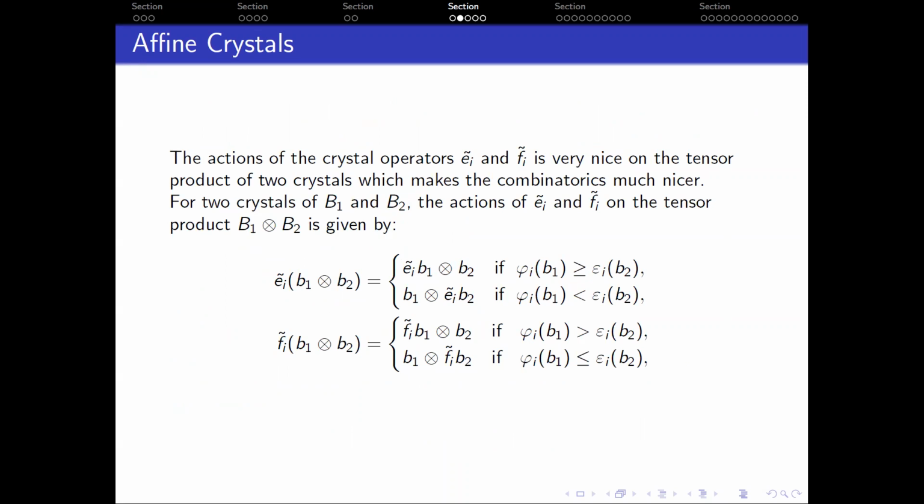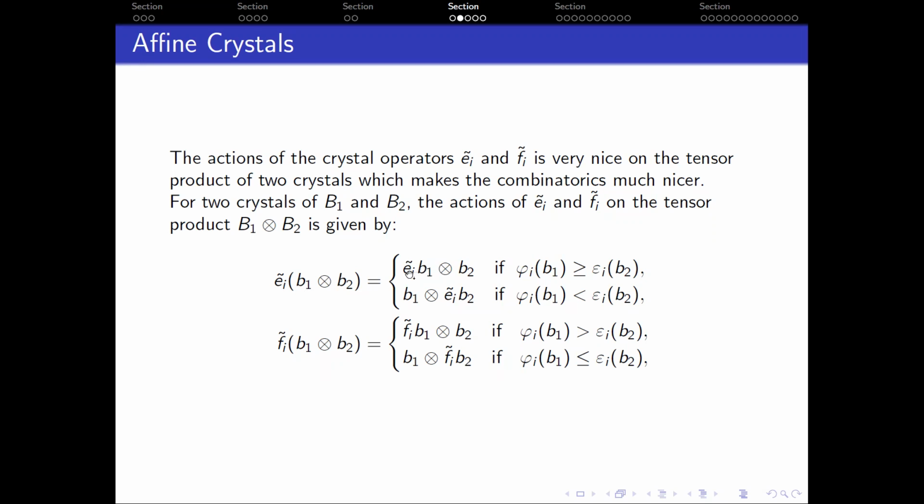The beauty of a crystal is actually the action of Kashiwara operators on the tensor product of representations. As you see, on a tensor of crystals, each crystal corresponds to the crystal of an irreducible representation. For example, e_i tilde, when it acts on a tensor product, there is no linear combination.